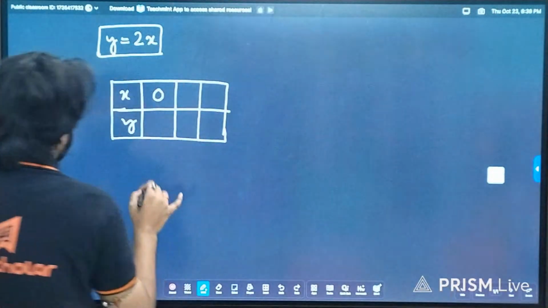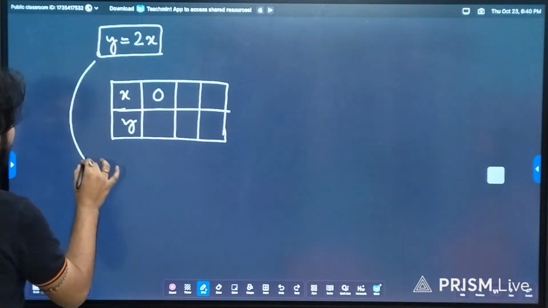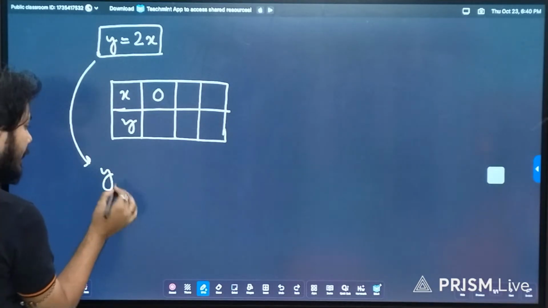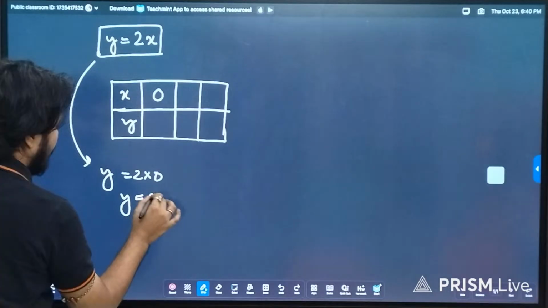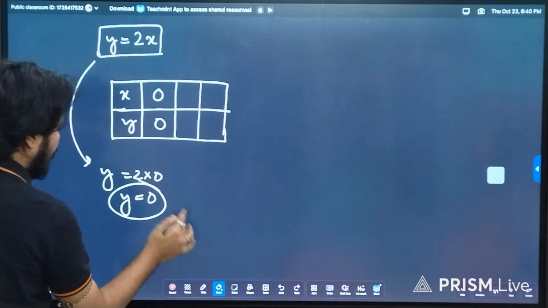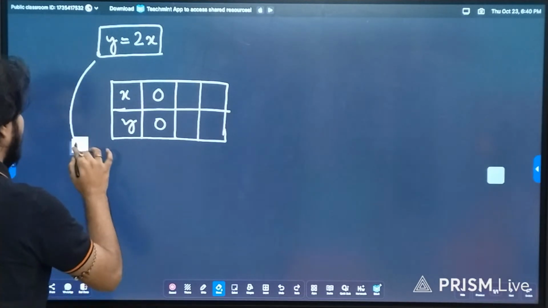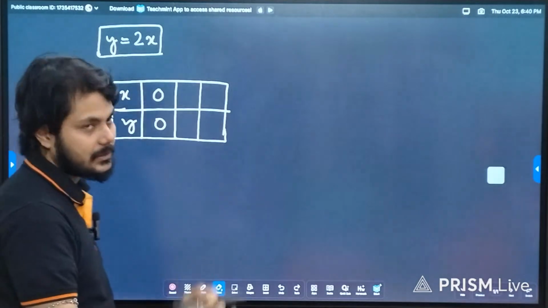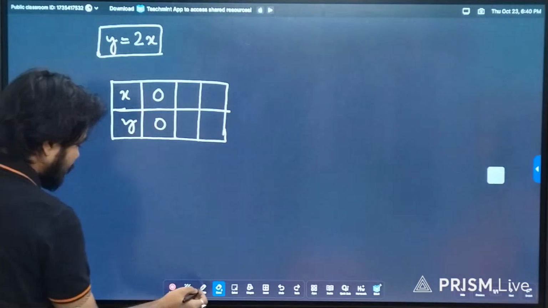Then what will the value of y be in this case? 2 into 0, so y will be 0. So you will get the value of y as 0 if you put the value of x as 0. Understood? A very easy and very clear concept is this.